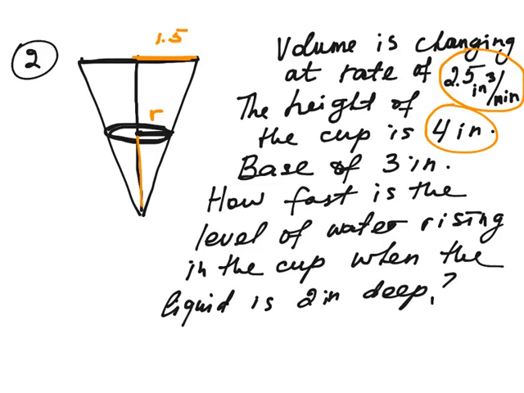And we don't know what this height is going to be, so let's label it h. So the radius is changing, and it's getting bigger and bigger. The height is changing, the level is getting bigger and bigger. So that's why I marked it r and h.